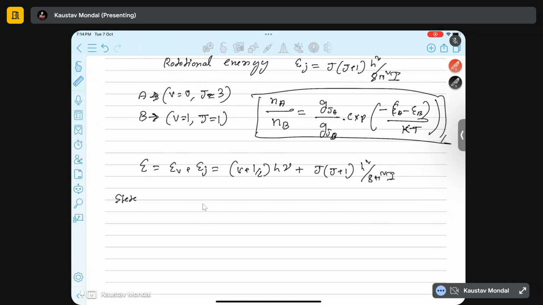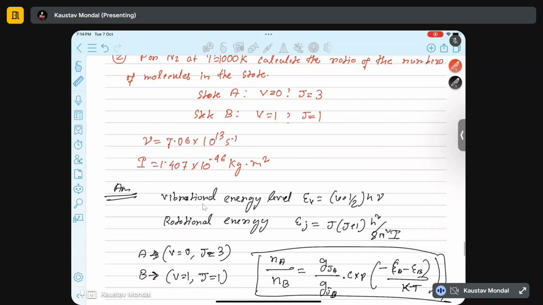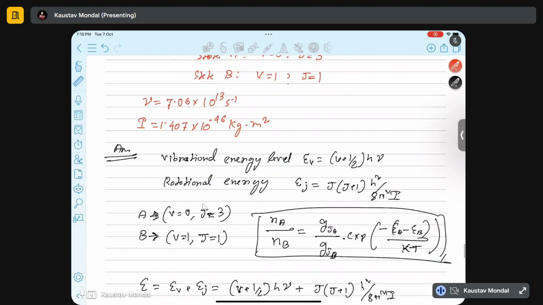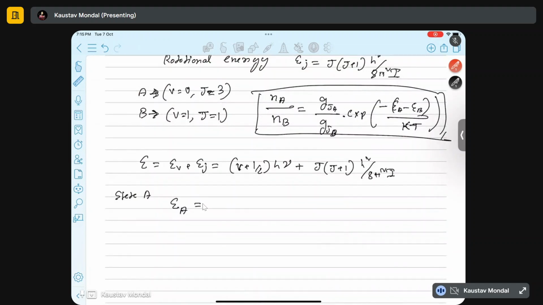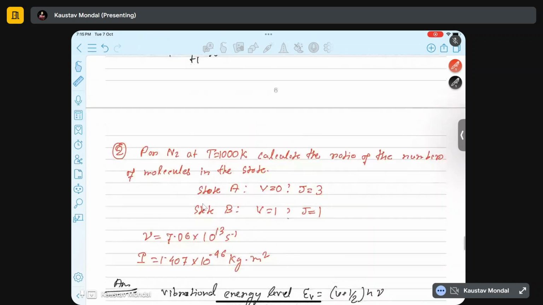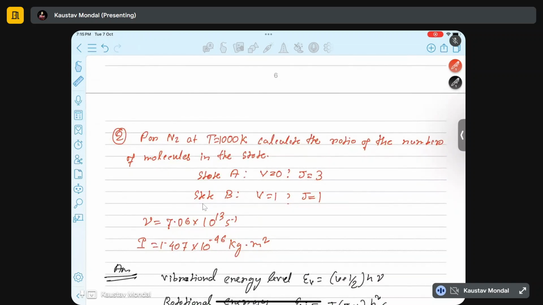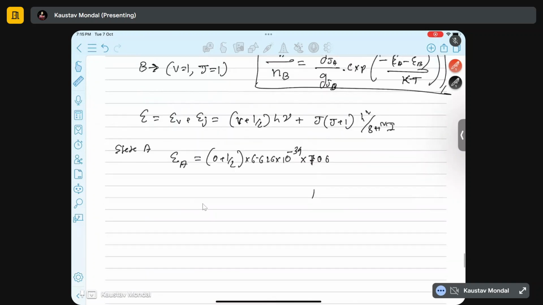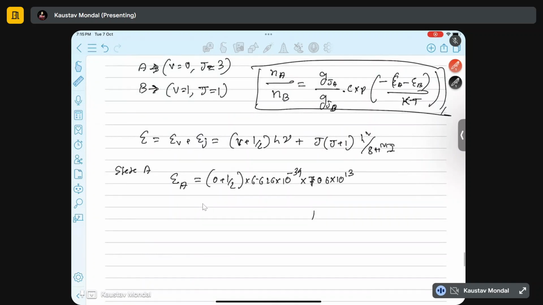For state A, E_A is equal to, so v is basically 0 and J equal to 3. So it would be 0 plus half into 6.626 into 10 to the power minus 34 into nu, which is already given, 7.06 into 10 to the power 13. That comes from the vibrational part.